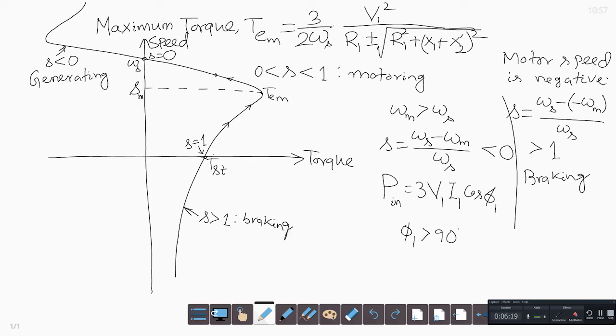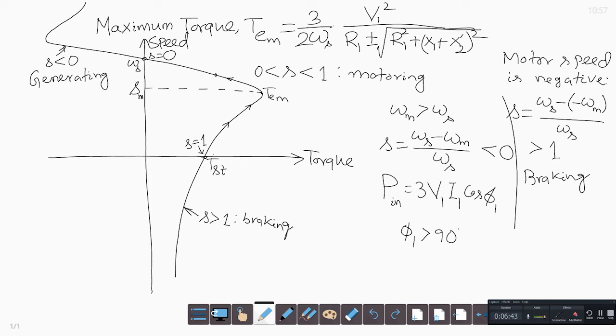And as you find out here, the maximum torque for motor and generator operation are different, with different magnitude. In the maximum torque expression, TEM expression, the plus sign is for motor and the minus sign is for generator. Also the maximum torque is independent of rotor resistance, as you can see from the expression.